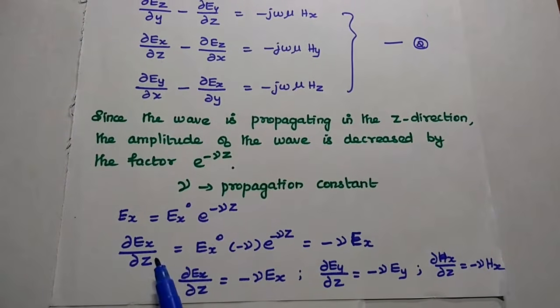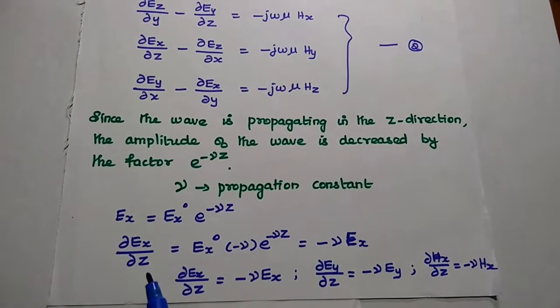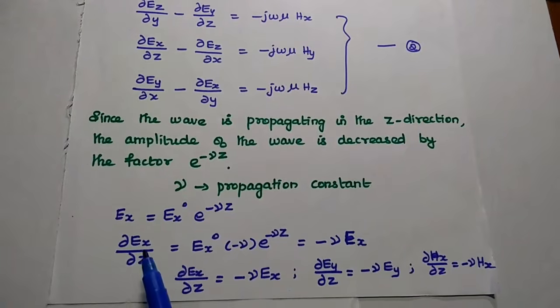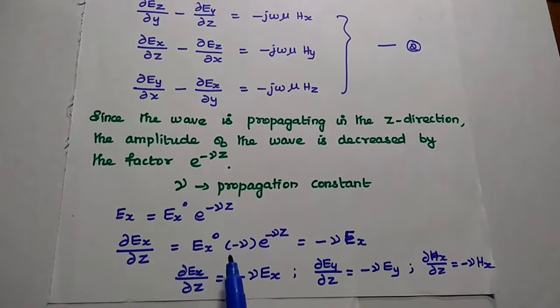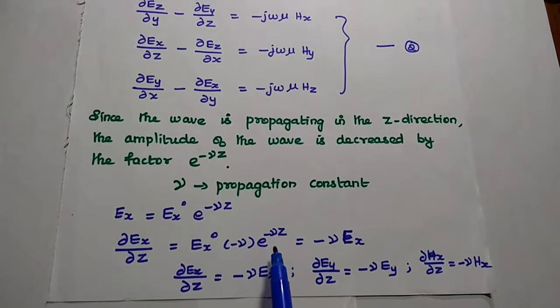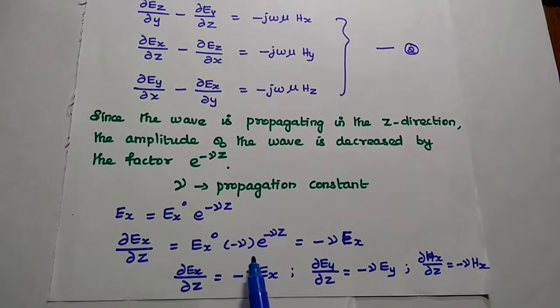Then next we are going to differentiate this Ex component with respect to z, because the wave is propagating in the z direction. So ∂Ex/∂z = −γ Ex0 e^(−γz). If you differentiate with respect to z, we can get this value like this.